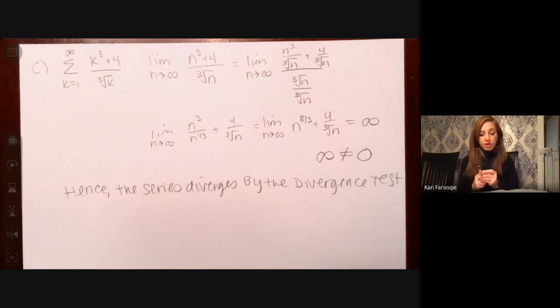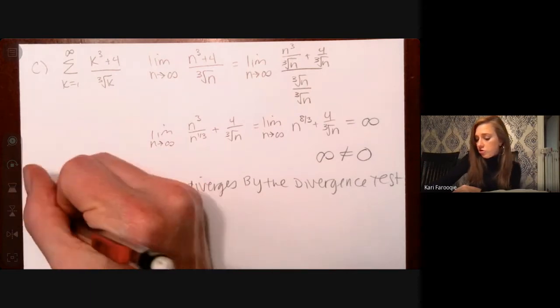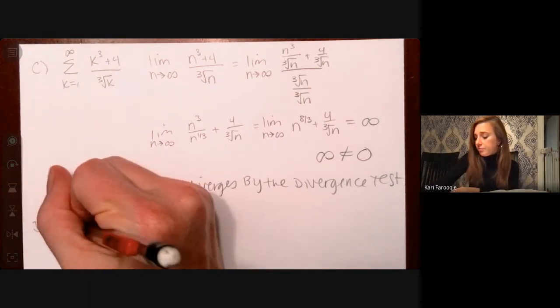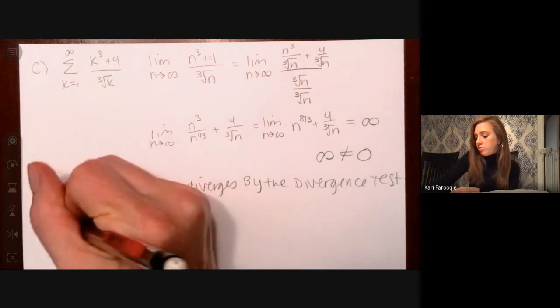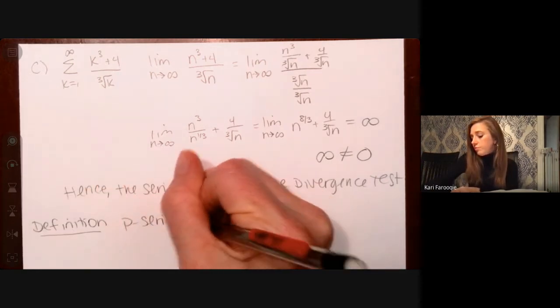Okay, but first of all, I'm going to give you the definition for a P-series. Now, if you'll remember, in the lesson for 8.2, I defined for you the harmonic series, which was the series from 1 to infinity of 1 over k. And we said the harmonic series diverged. But the P-series is more of a general variation on that definition. P-series.